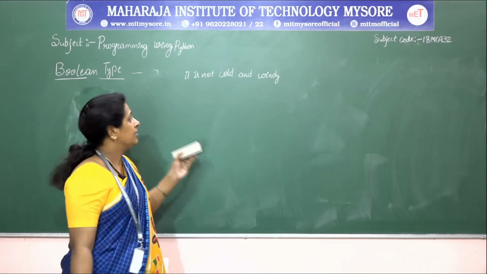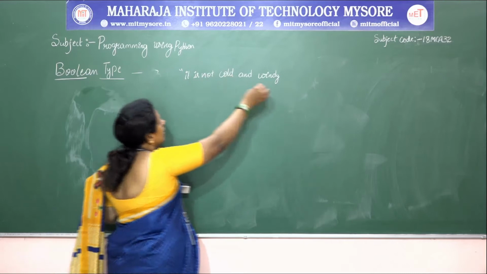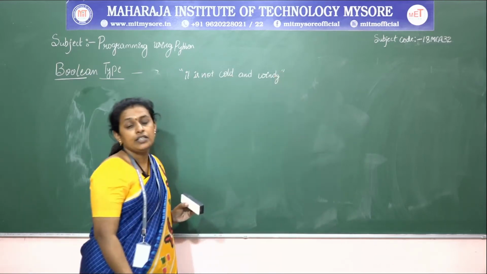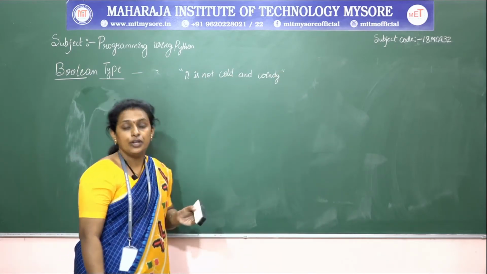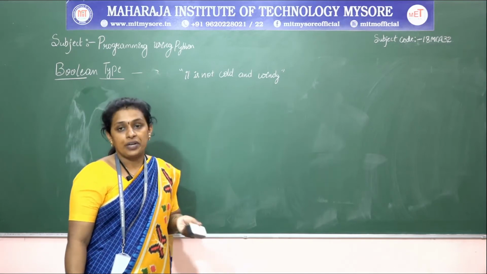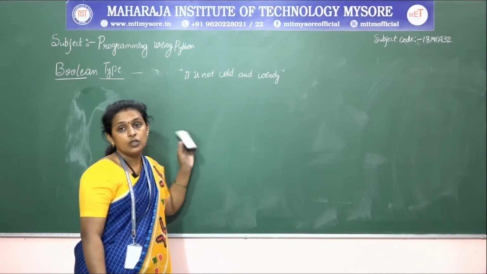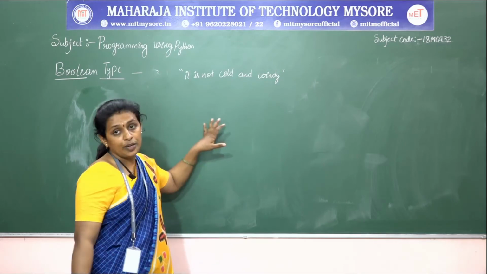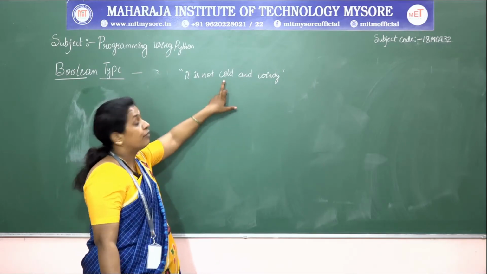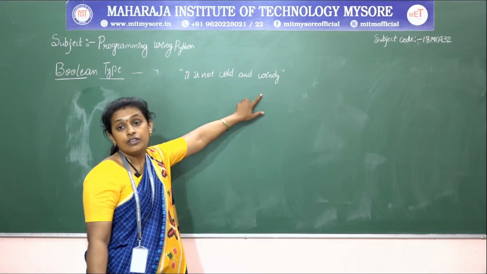Okay, this is an example statement, an English sentence, to which we are going to apply the Boolean operators. Here we have two things, so we can use two variables to represent them, for cold and for wind.